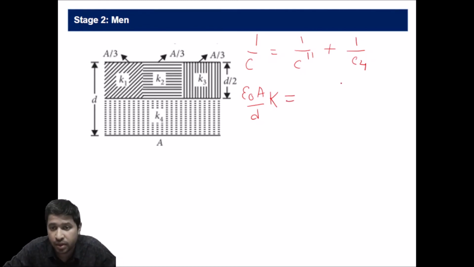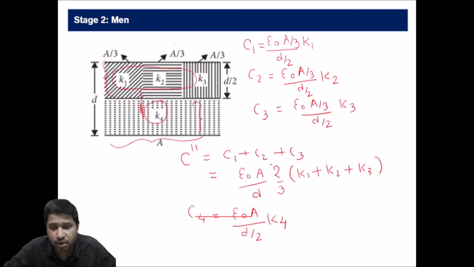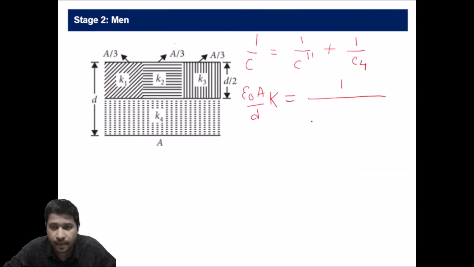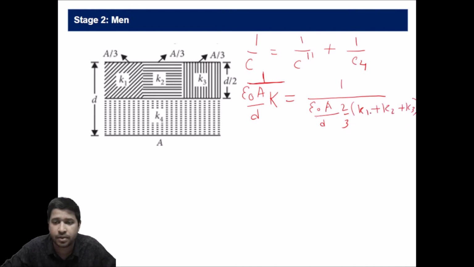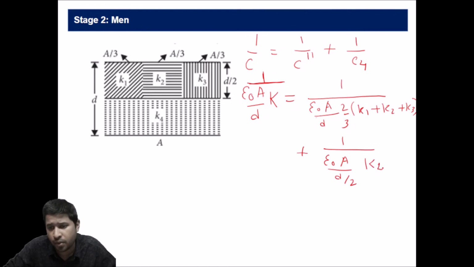That will be equal to 1 by, if we go to the previous slide, epsilon naught A by D into 2 by 3 into K1 plus K2 plus K3, plus 1 by C4, so C4 will be equal to epsilon naught A by D by 2 into K4.